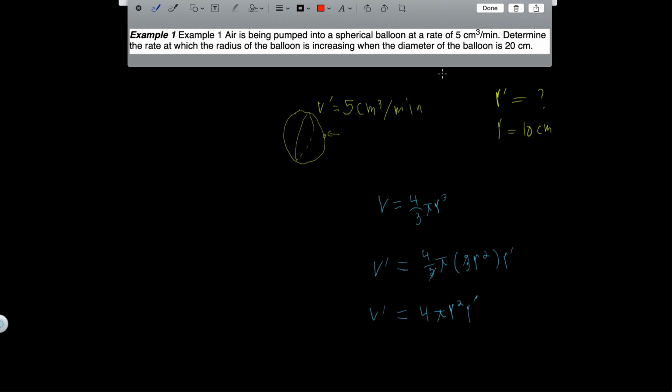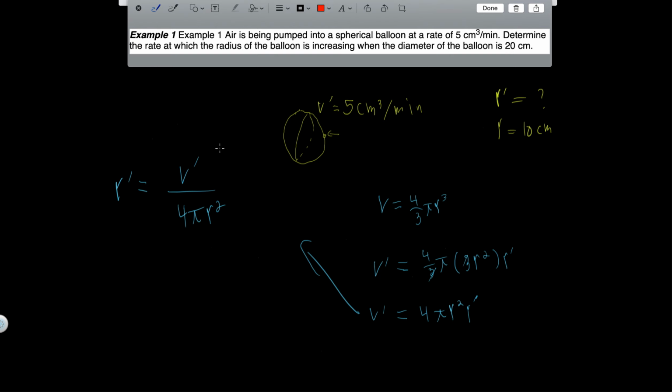Now let's think about what we're solving for here. We're solving for r prime, and here we have many variables. We have V prime, and we have r, and then we have r prime. So we have one equation, 3 variables. That's not too good. However, we have the values of the other 2 variables in this equation. So we can get r prime alone, plug in the values we have for V prime and r squared, and we're done. r prime alone would be V prime divided by 4 pi r squared, because we just divided by 4 pi r squared on both sides.